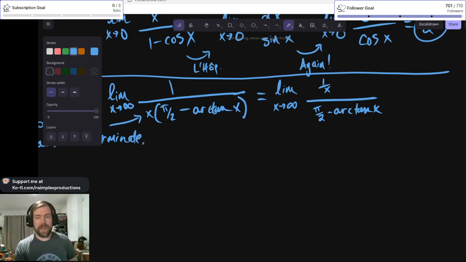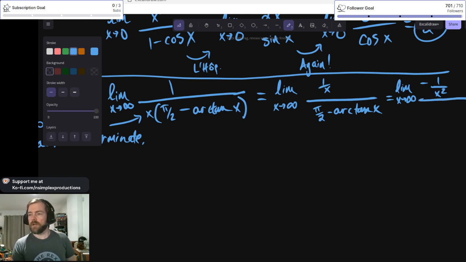Okay, so now when we take the derivative of both the top and the bottom separately, we get the limit as x goes to infinity of, this is going to be negative 1 over x squared.